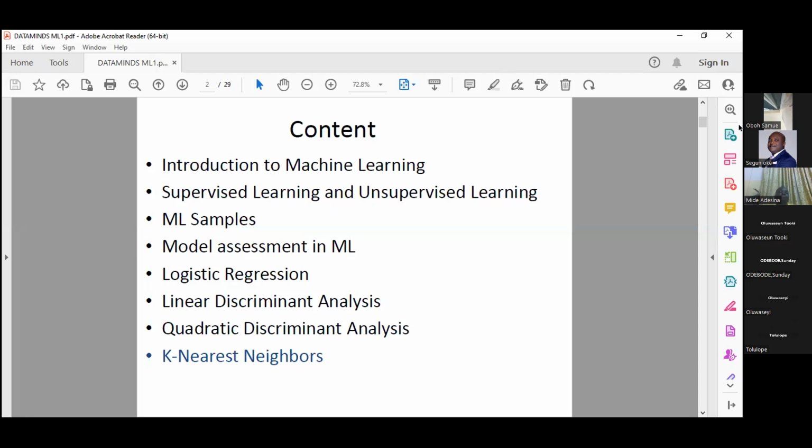Okay. We can see. So we'll be looking at an introduction to machine learning. We talked briefly about supervised and unsupervised learning. We talk about machine learning samples, model assessment in machine learning, logistic regression, discriminant analysis, the k-nearest neighbors. Because of time, we may not be able to cover that.